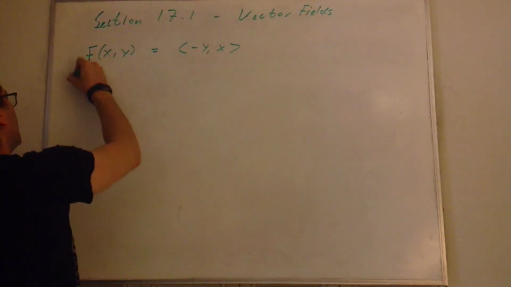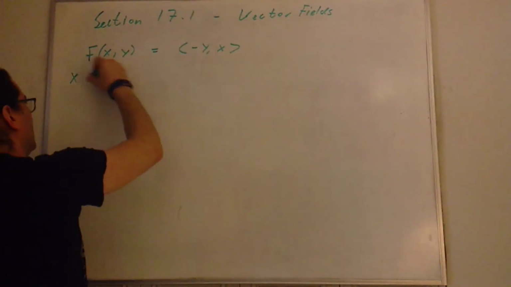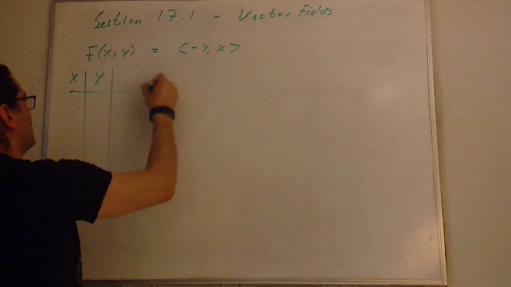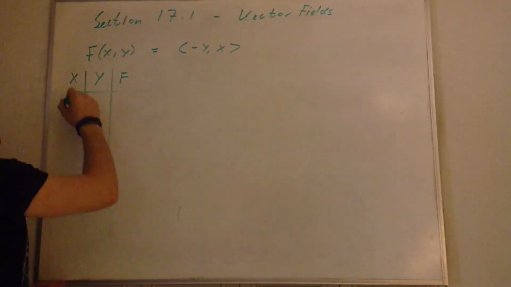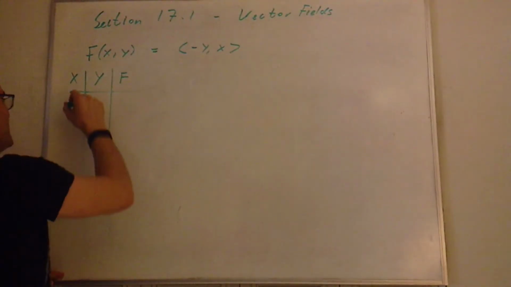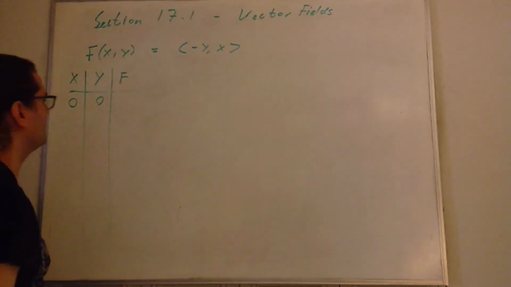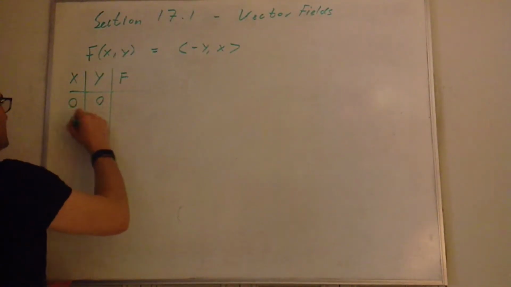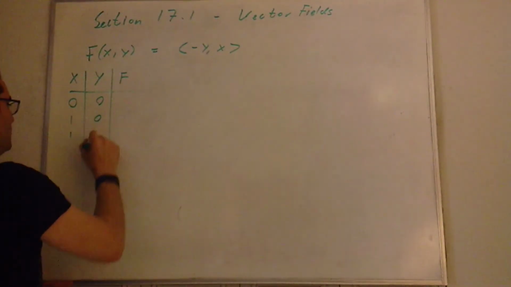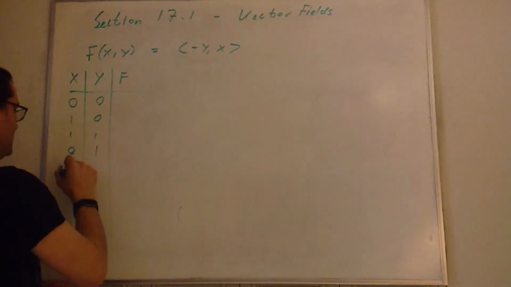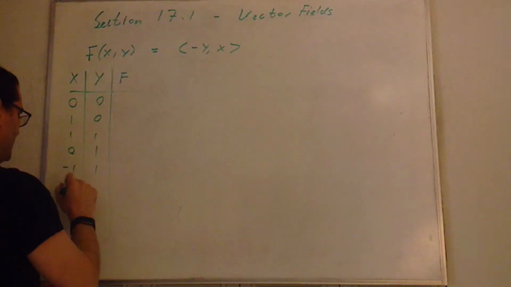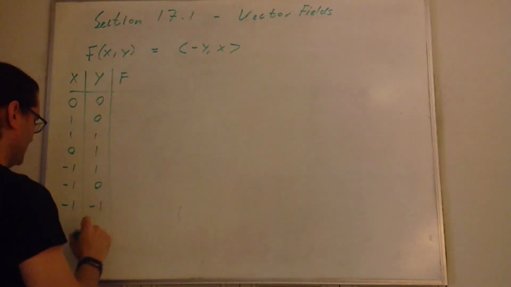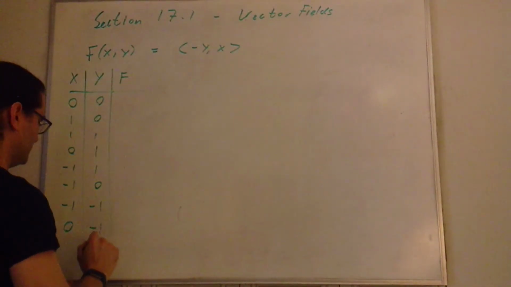So I'm going to make a big table here, x, y. I can play with both of these, and then I need f is going to be my vector. So I like to start with the basic 9, I guess. Basic 9 is 0, 0, 1, 0, 1, 1, 0, 1, negative 1, 1, negative 1, 0, negative 1, negative 1, and 0, negative 1.